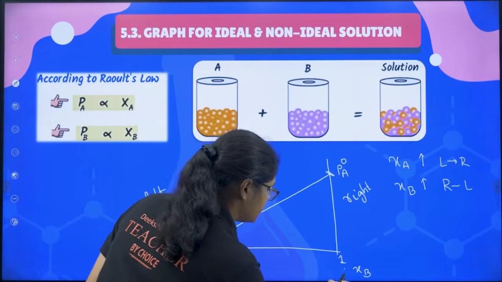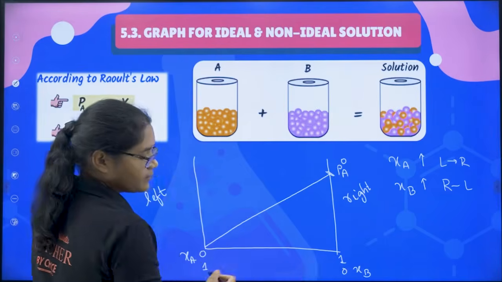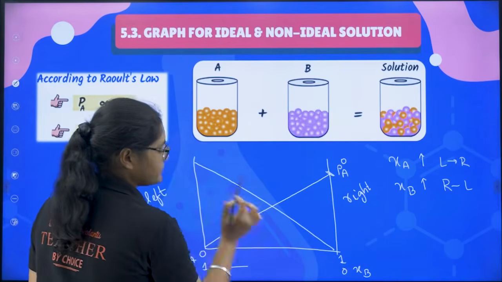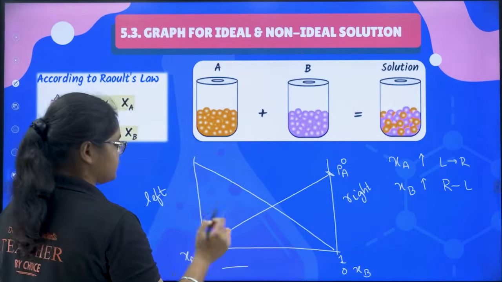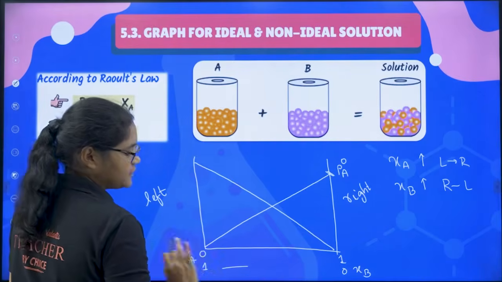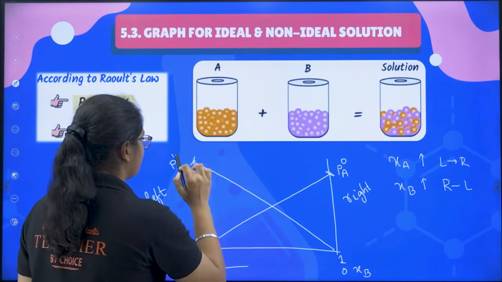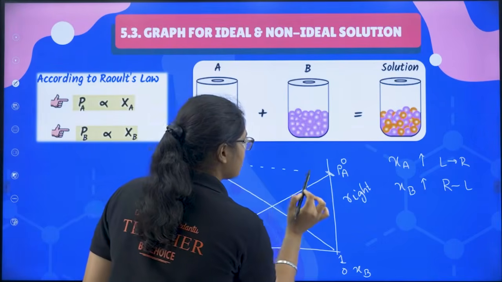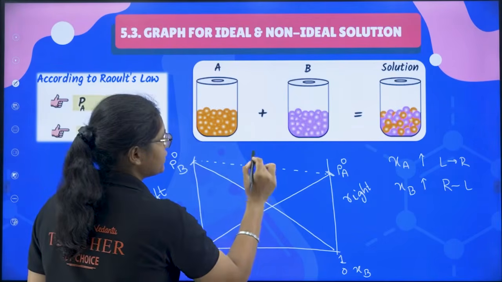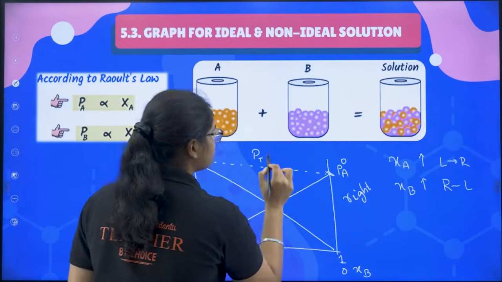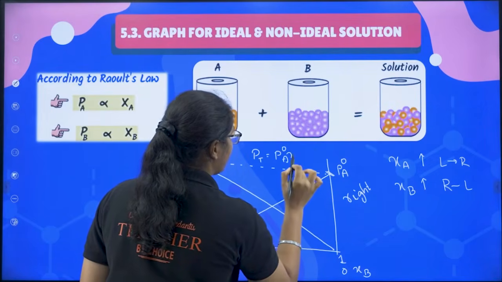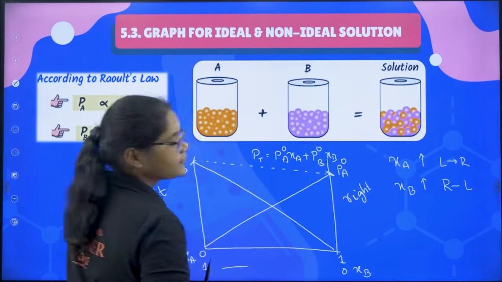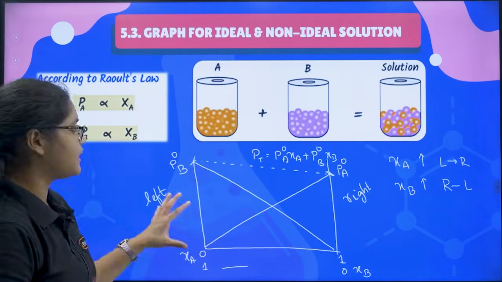So the pressure also increases like this. The highest pressure, when XB is completely 1 and there is no A, is P naught B. This line is your total pressure, P total, equal to P naught A XA plus P naught B XB. This is the graph you have to draw.